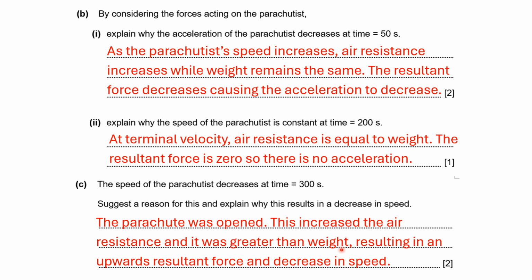If you draw a free body diagram, you've got air resistance pointing upwards, and this force will be greater than the weight acting downwards. So the resultant force will be upwards. Since the parachutist is falling with a velocity downwards, this upwards acceleration would cause a decrease in speed. Or you can also say that it was a deceleration because the acceleration and the velocity are pointing in opposite directions.